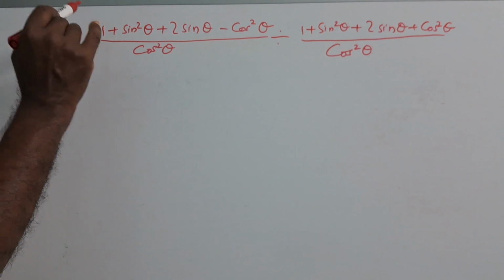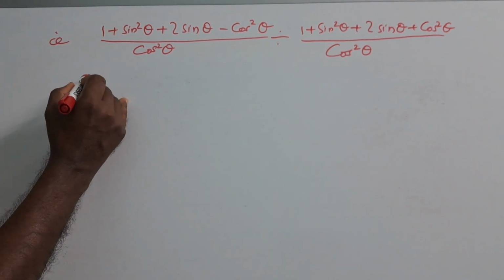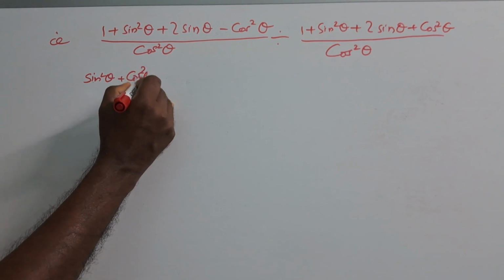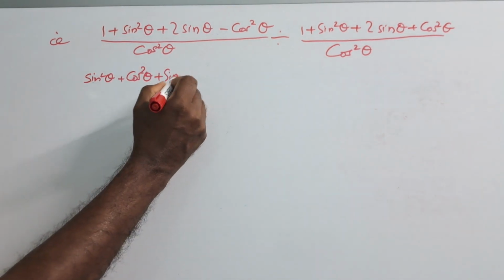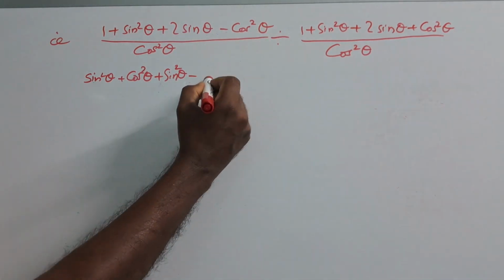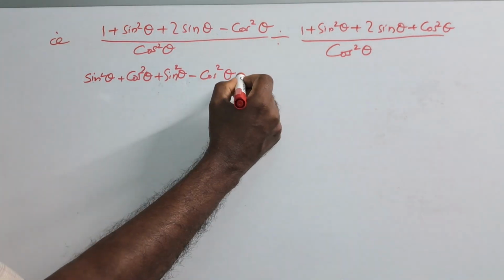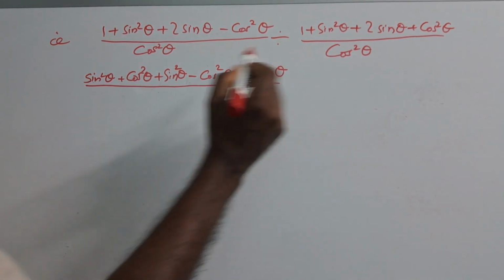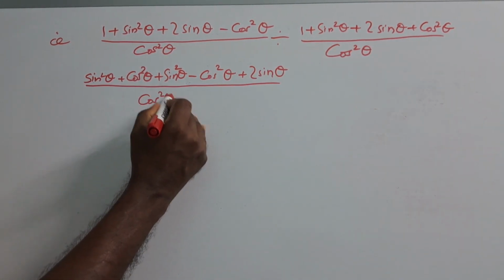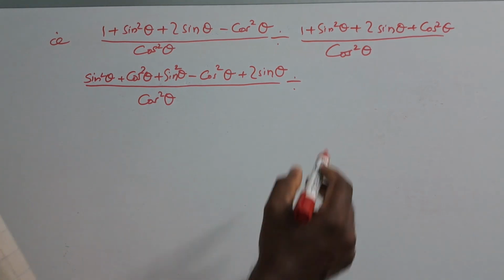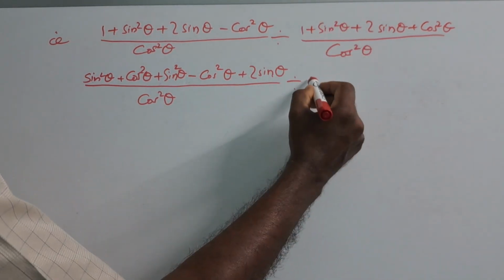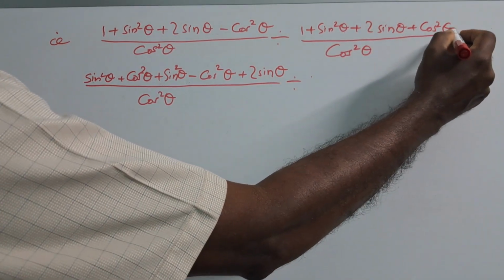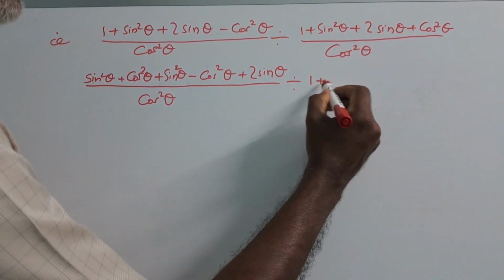Here, I express 1 as sin square theta plus cos square theta plus sin square theta minus cos square theta plus 2 sin theta divided by cos square theta divided by, here I express sin square theta plus cos square theta as 1. Here we have 1 plus 1.